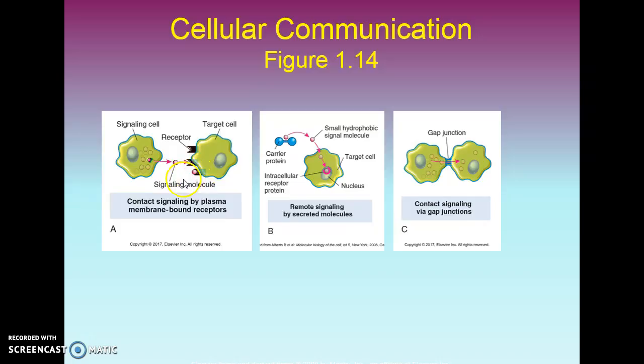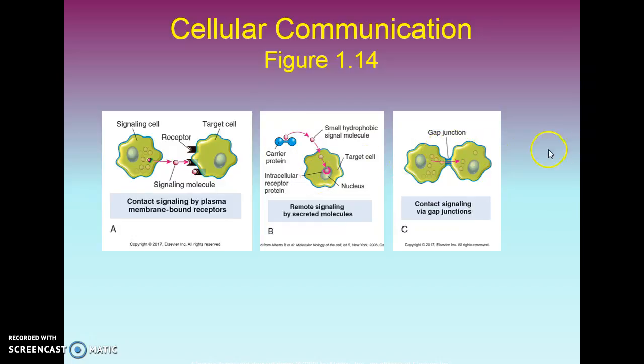This will allow for distance between the secreting cell and the target cell, and if it is a far distance, then you have remote signaling, and you have a carrier protein that will allow for stability and sometimes even direction, so to speak, of getting that signal molecule to the target cell.